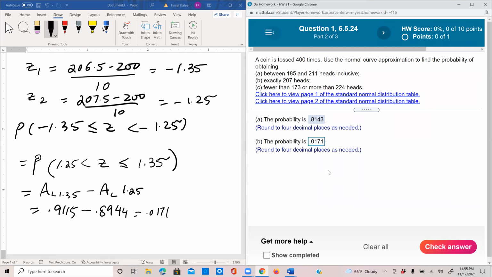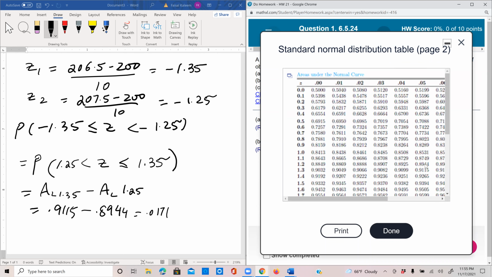Let's check the table again. 1.25 is 0.8944 and 1.35 is 0.9115. Let me just check the subtraction again. So 0.9115 minus 0.8944. That is 0.0171.